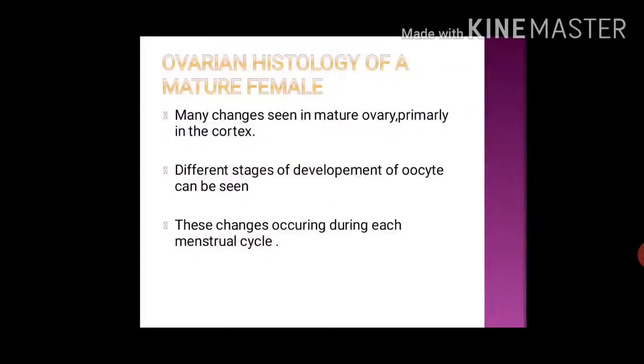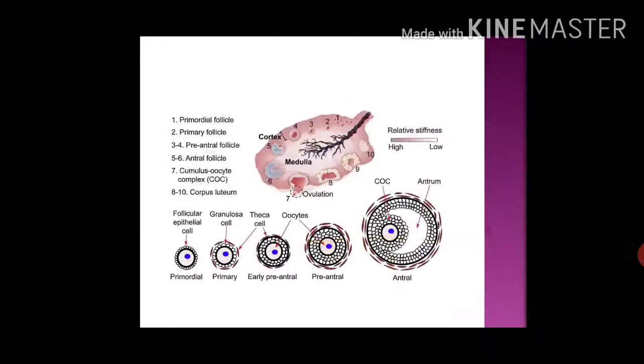As these follicular cells mature, the outermost layer increases, and the primordial follicle converts into the primary follicle. Then the layer increases again and it becomes the secondary follicle, and at the end the Graafian follicle. So it becomes a multi-layer structure.